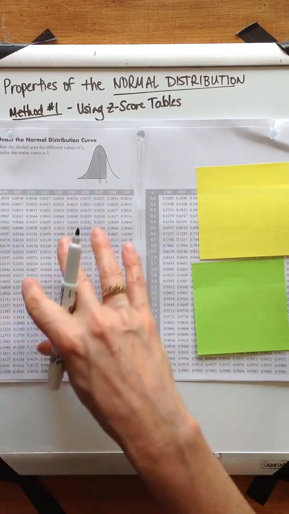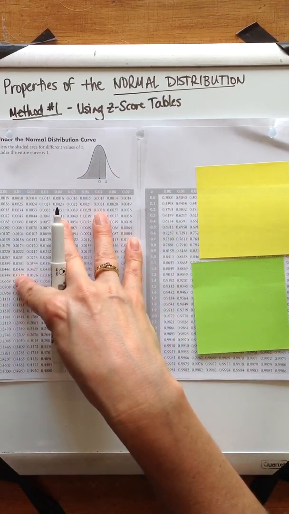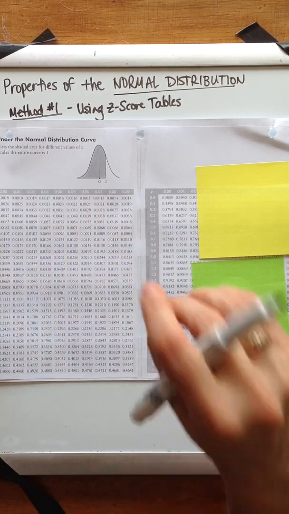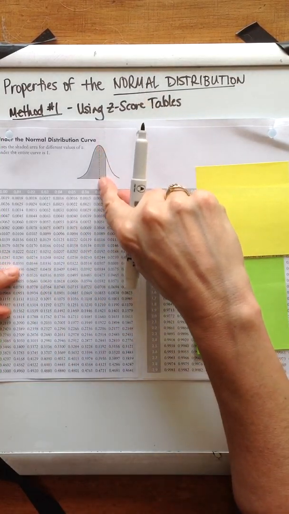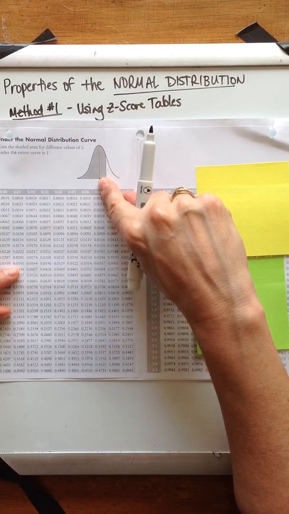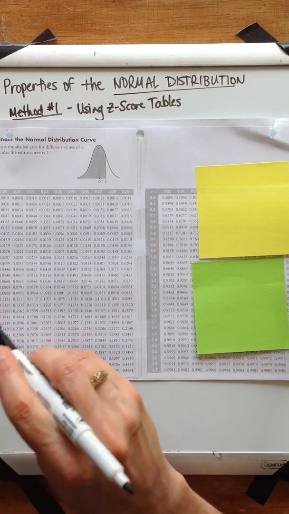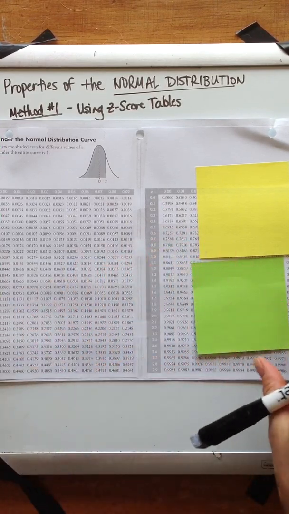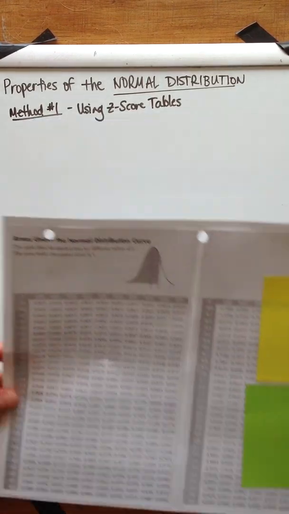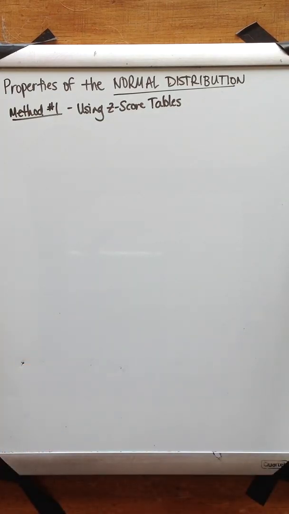There's a relationship between Z-score and probability if our normal distribution is standard. Standard means that its mean is at 0 and its standard deviation is a value of 1. Okay, so we have to have those criteria to use that. Okay, so let's take a look at how this works.